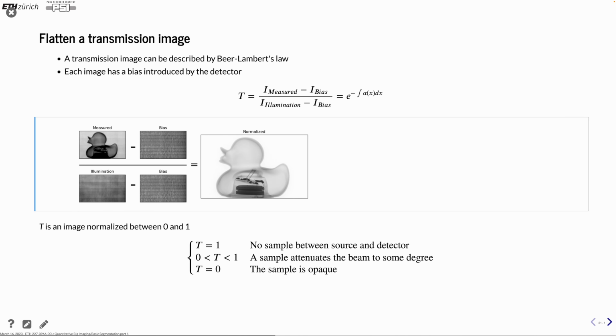And the thing is, when you measure your data, you not only have the illumination, but there may also be detector bias, which I described before with the flat panel detector.